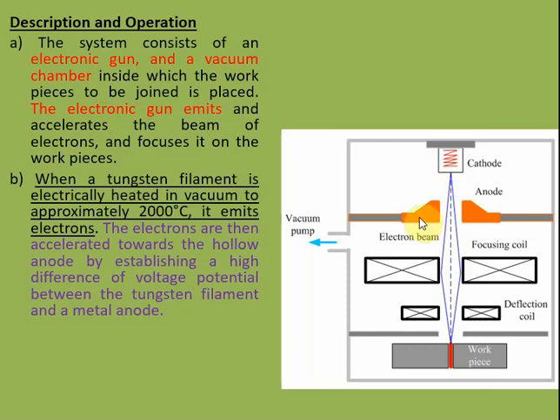This generated electrons will be directed and accelerated through a hollow anode by establishing a high potential difference, or high voltage, between this anode and the tungsten filament. If you maintain the anode positive and the filament negative, because of this polarity difference all the generated electrons will be directed towards the anode, and we made the anode hollow so that all the electrons can pass through that hollow portion.